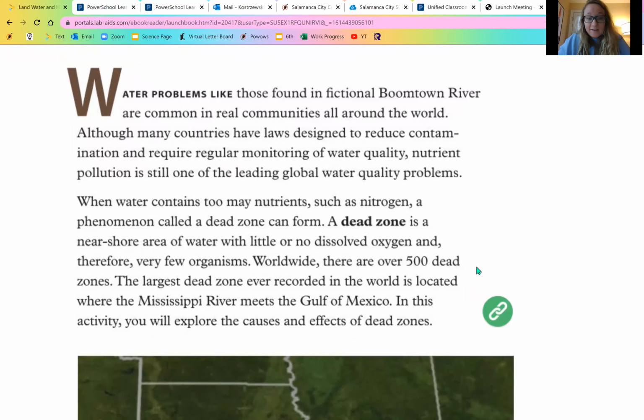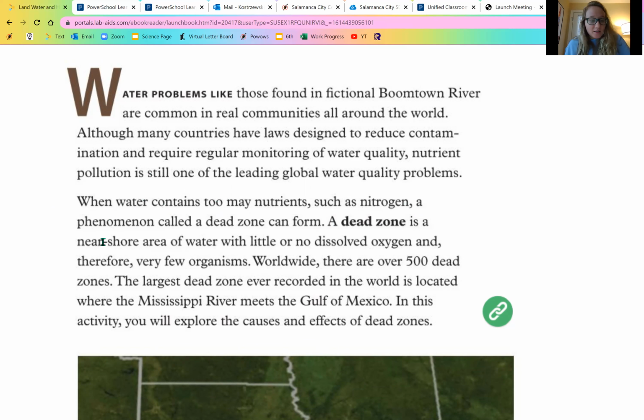Although many countries have laws designed to reduce contamination and require regular monitoring of water quality, nutrient pollution is still one of the leading global water quality problems. When water contains too many nutrients, such as nitrogen, a phenomenon called a dead zone can form.